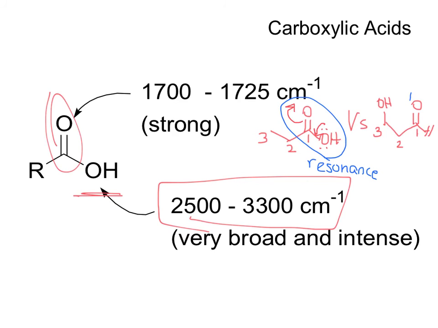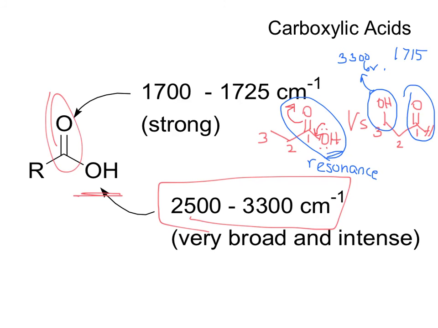Over here you have a free carbonyl and you have a free alcohol. What does that mean? That means that there is no real link between the carbonyl and the OH. And so in that sense, you can say that the carbonyl is going to show up at 1715-ish or so, and the alcohol is going to show up at 3300 as a broad peak.